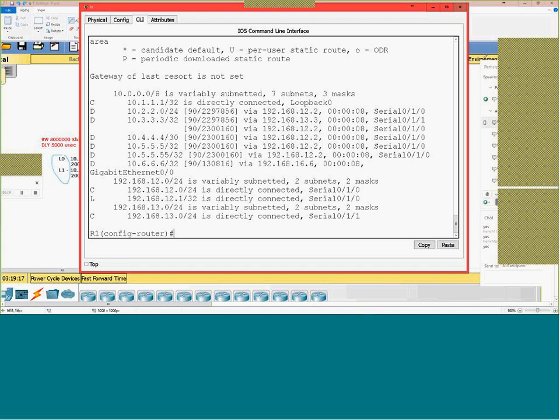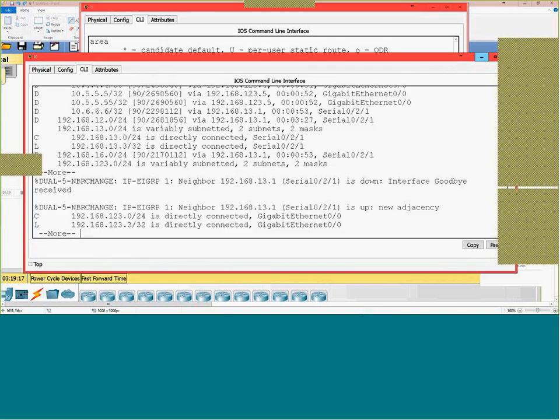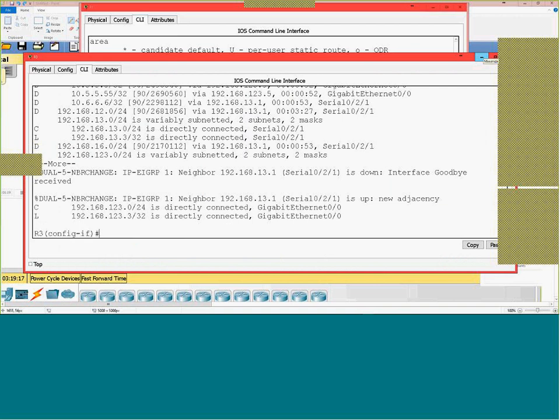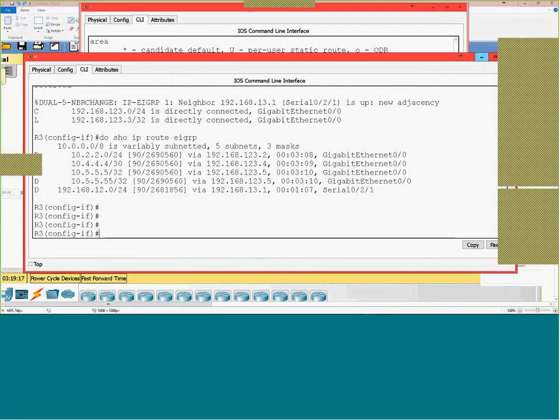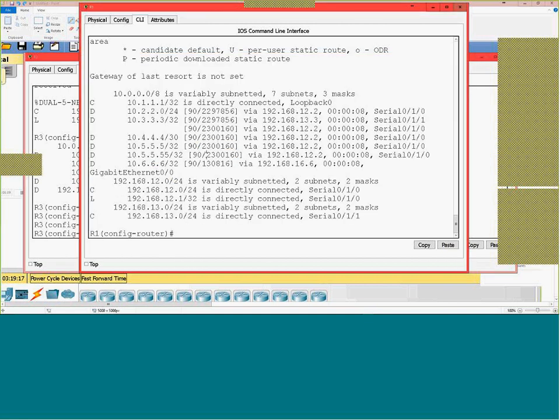Let me go back to router 3. Do show IP route EIGRP. 269.0560. That's the metric from router 3 to get to the 10.55 subnet, which, by the way, would be the reported distance to router 1, and the metric here is 2300160.